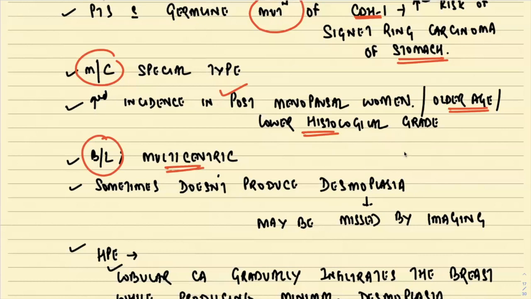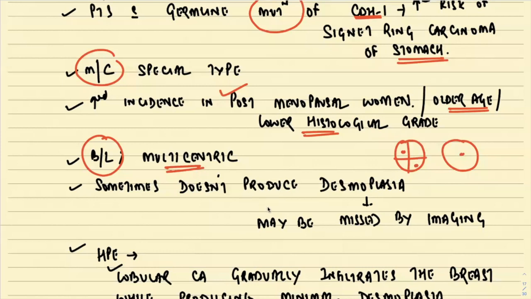See, bilateral means if this is the breast, it will involve this and this too. Multicentric means if you divide the breast into 4 quadrants, it will be present in multiple other quadrants. It is bilateral and multicentric. Very important. Even in surgery questions, you are going to get this question.